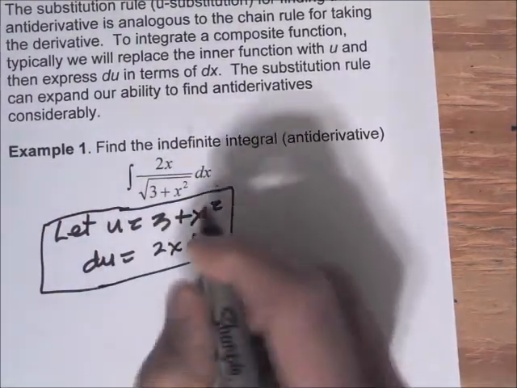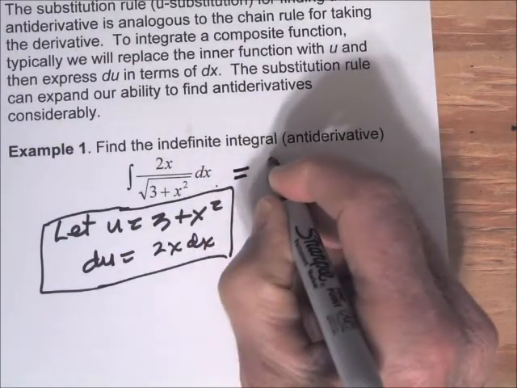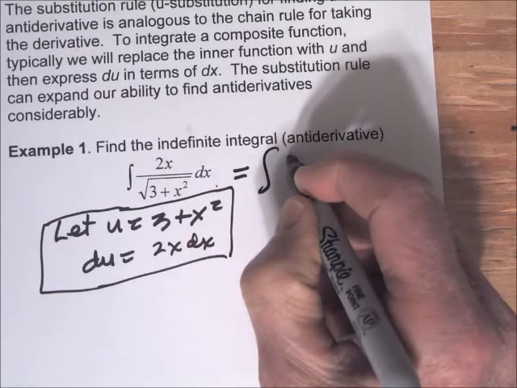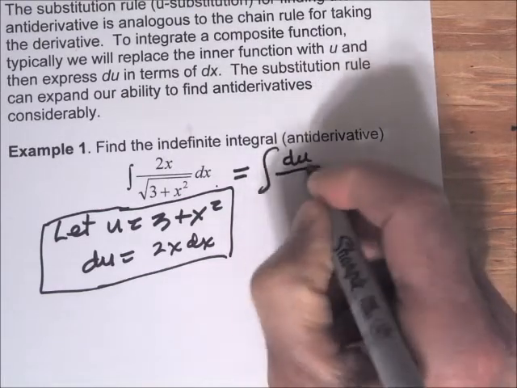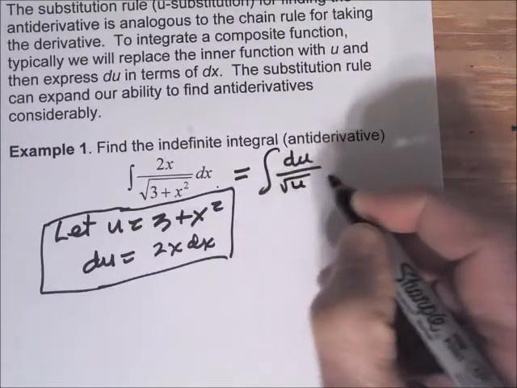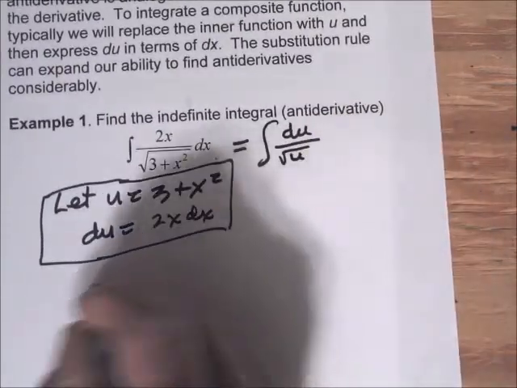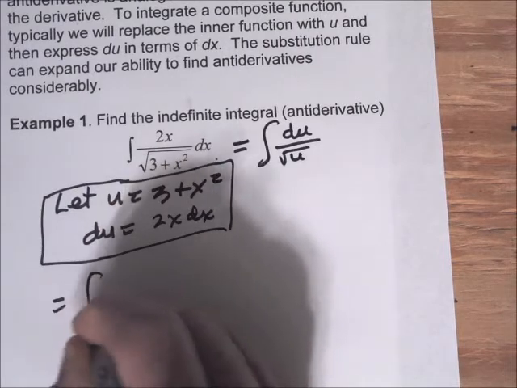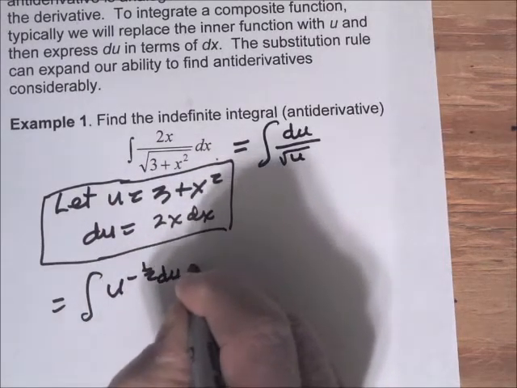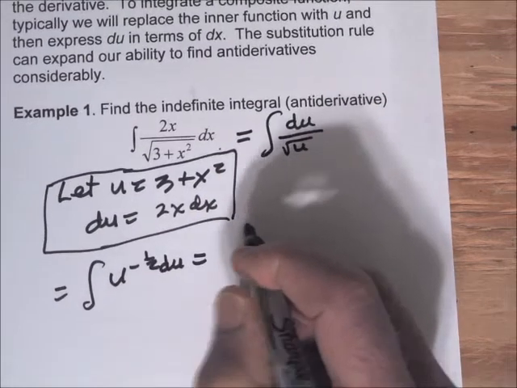Okay, so we can rewrite this by replacing the 2x dx in the numerator with du, and the square root of 3 plus x squared in the denominator with the square root of u. And we can write this as the antiderivative of u to the negative 1/2 du, and use the power rule.